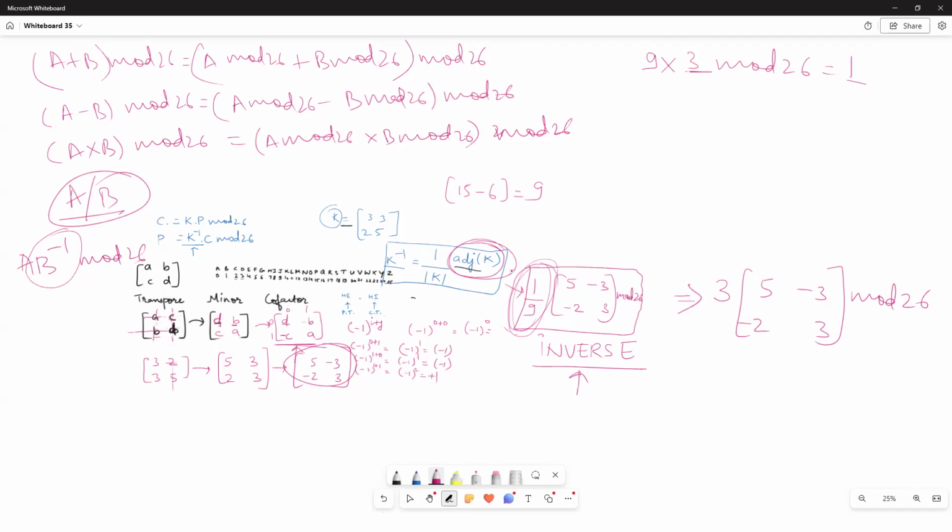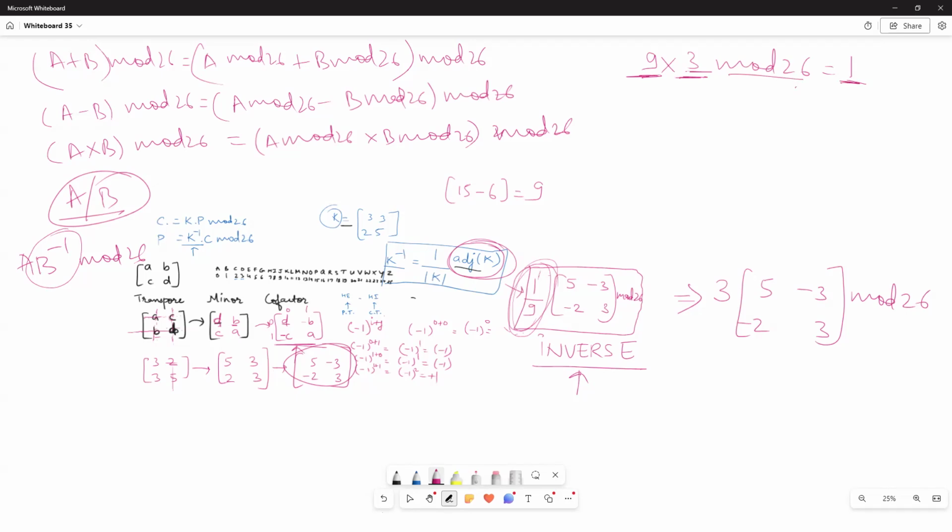It means that I want to calculate the multiplicative inverse for this value so that the resultant would be equal to 1. So what should I multiply with 9 so that under mod 26 the resultant would be 1?